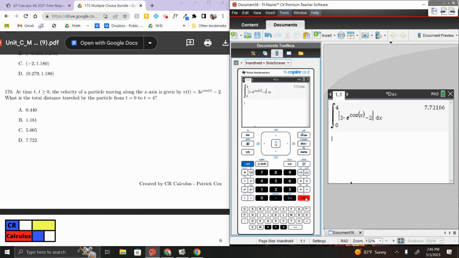Hit enter. You get 7.72. Just don't forget the absolute value or else it would give you something else. So our answer is D.